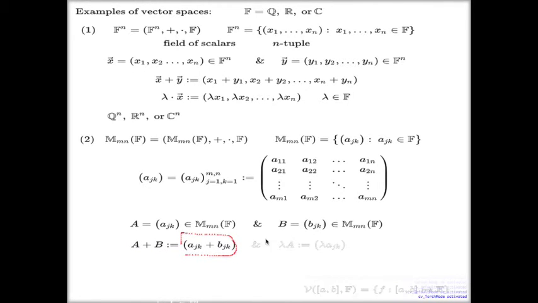If I want to scale my matrix, I'm sorry, you scale only one matrix. Again, you do scaling component-wise. Again, I draw your attention to the fact that the plus here and the plus here are totally different pluses. One of them is a plus on matrices. The other one is a plus between numbers.